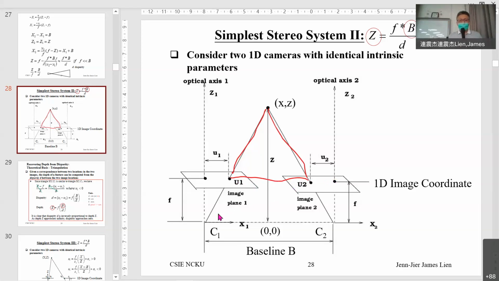Assume this is the reference coordinate, so this is x, this is z. This side is positive. For the coordinate, coming down to this one, U2 is negative.